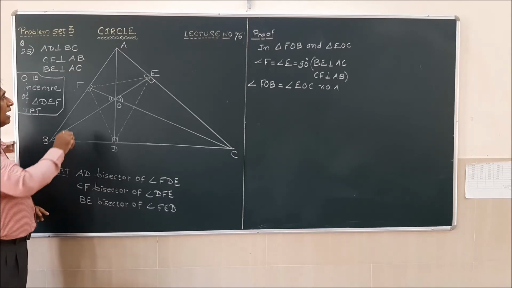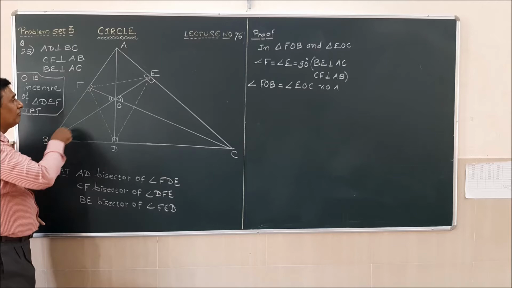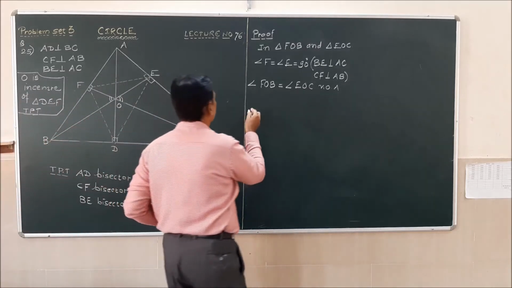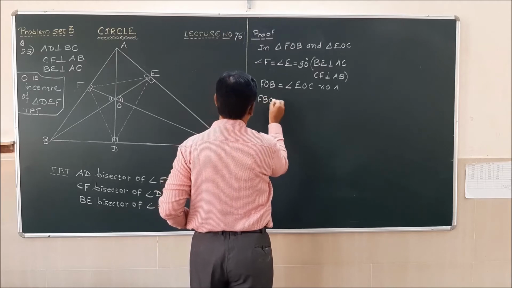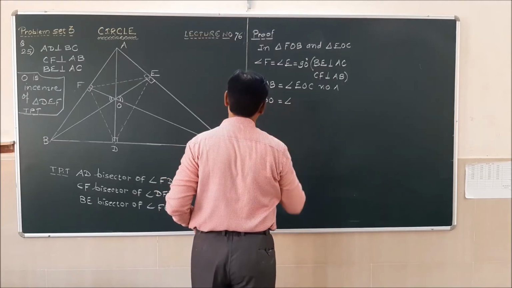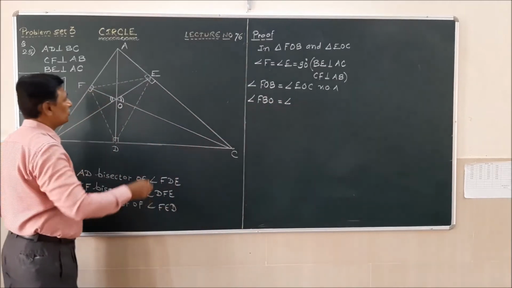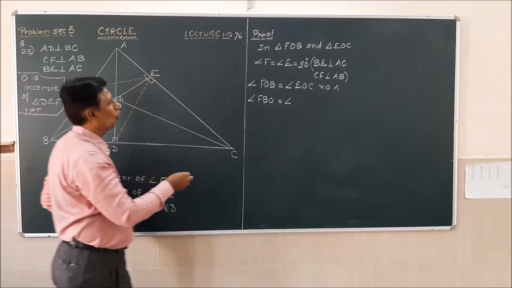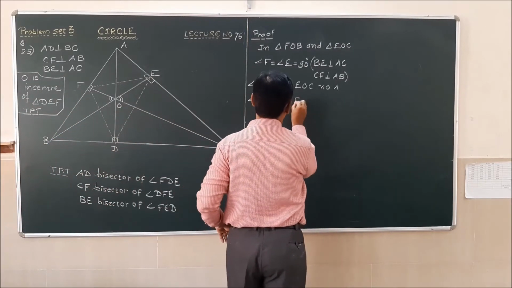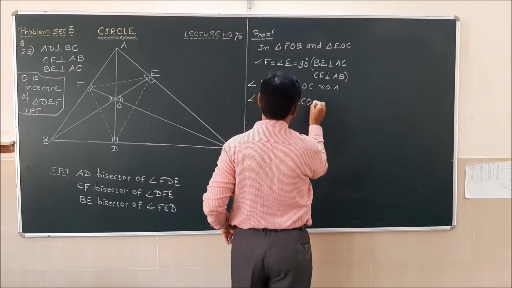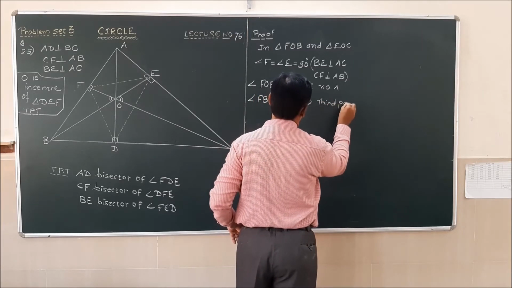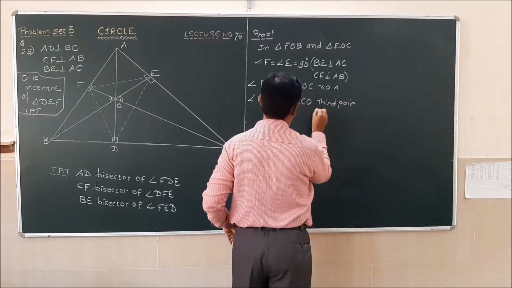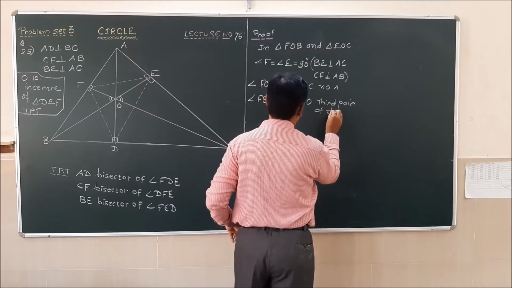Therefore angle FBO is equal to angle ECO, the third pair of angles.